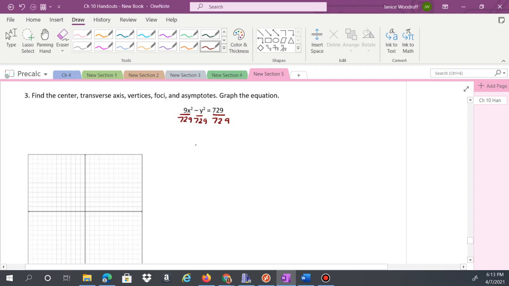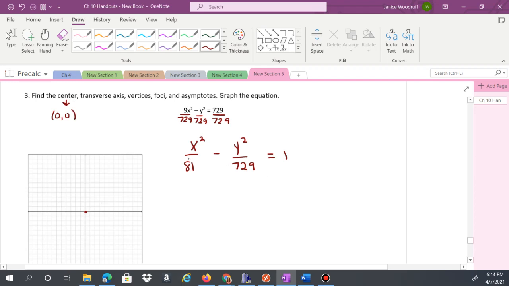What is it, 81? So you're going to have x squared over 81 minus y squared over 729 equals 1. Center is what? Yeah, 0, 0. All right, so we get a center of 0, 0.